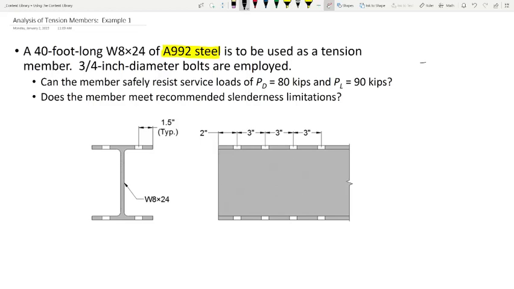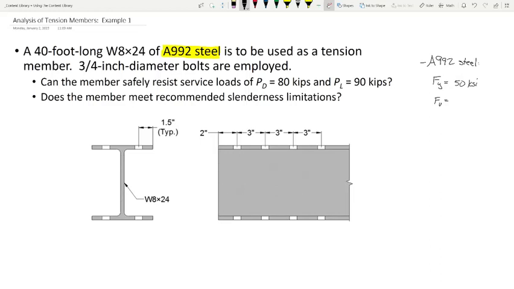We know that this tension member is made of A992 steel. So if I have a tension member of A992 steel, what does that tell me? What can I find? Yield stress, the Fy, and the Fu. What is Fy for A992 steel? 50.